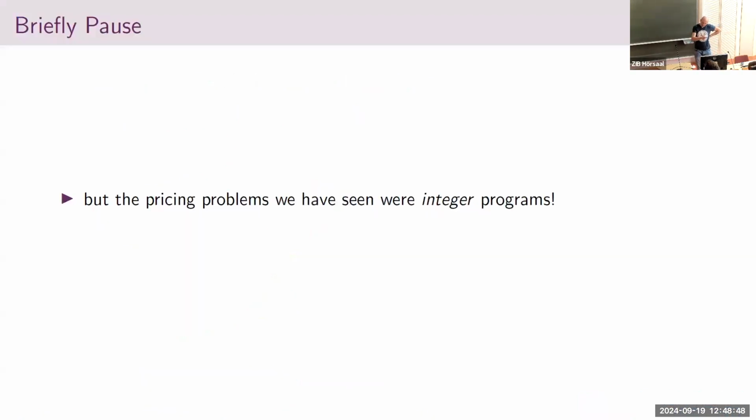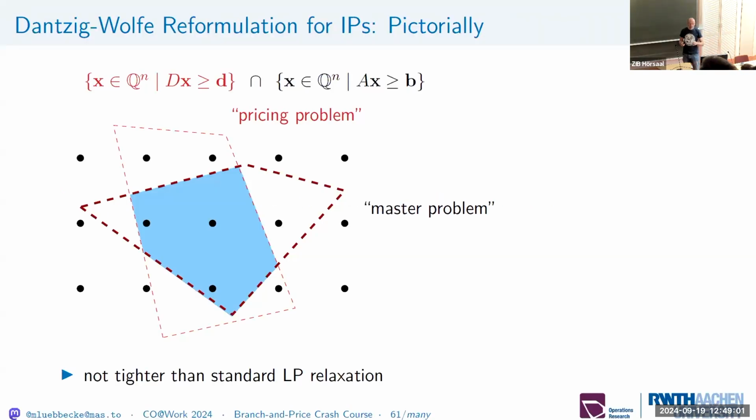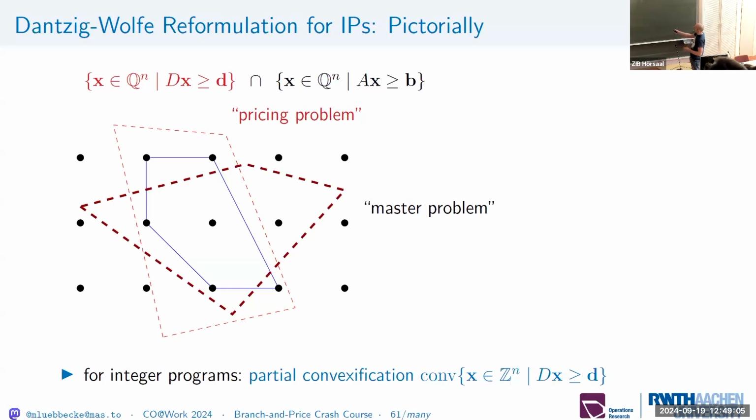So what we did is we had pricing problems where everything was in integers. Remember, stable set, knapsack, whatever. So everything in practice, the pricing problem is integers. So what we actually do is we solve something else. We solve this implicitly over the convex hull of the integer points that are feasible for the polyhedron that we reformulated.